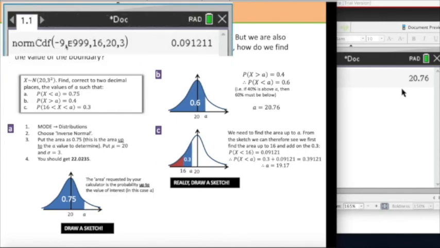If you use the calculator like before, we can find the value of this area and we add 0.3 to that area. So we know the entire area to the left of A. Then we can use inverse norm, because the calculator cannot find the inverse normal of that particular segment.